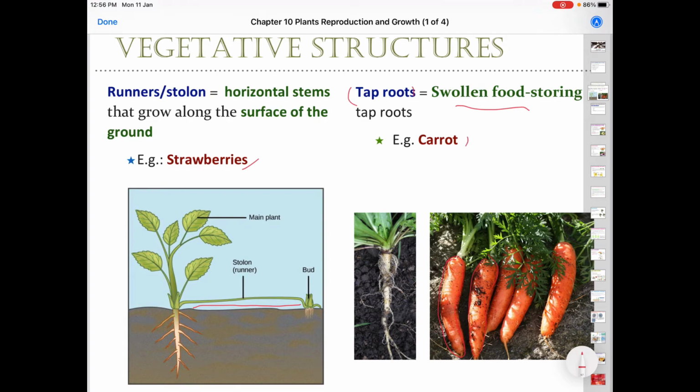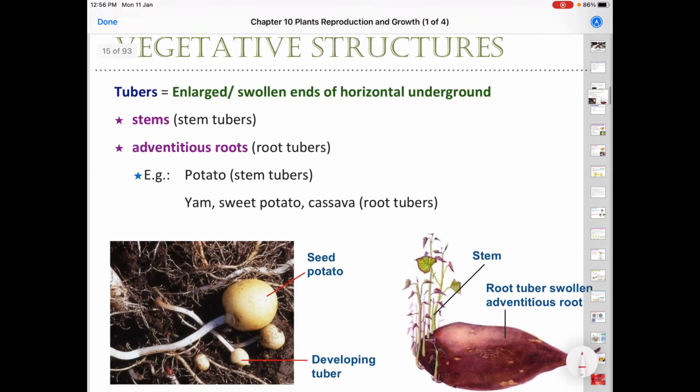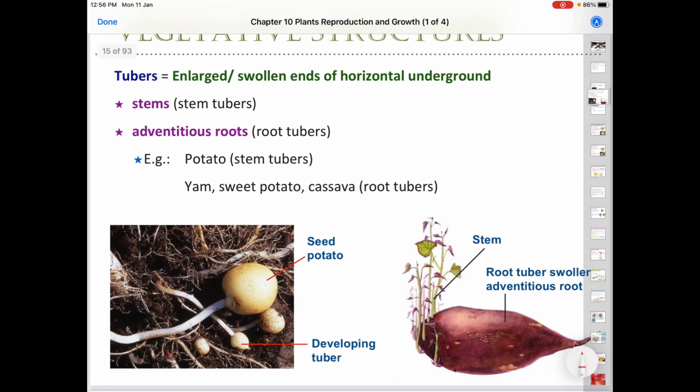Then tubers. Tubers are the enlarged or swollen ends of horizontal underground parts. They can be swollen ends of stem or of adventitious roots. If it is the swollen end of a stem, we call them stem tubers.